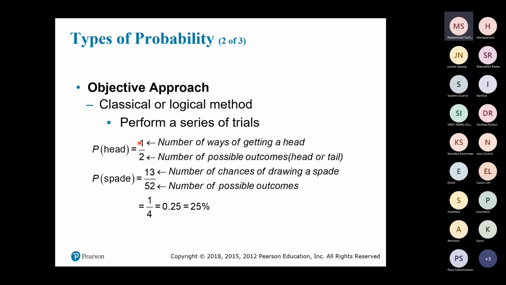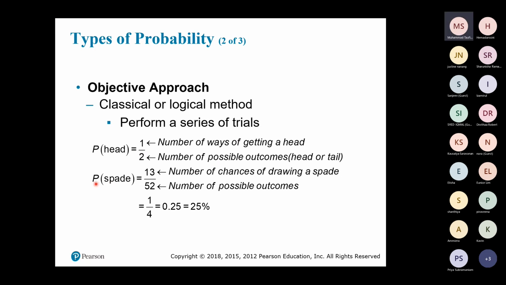That is the probability of getting head when you toss the coin. 1/2 is half or 50%, so it means there is a 50% chance that you will get head when you toss a coin. So how to calculate it: the number of outcomes you want divided by the number of possible outcomes you can get from the event.